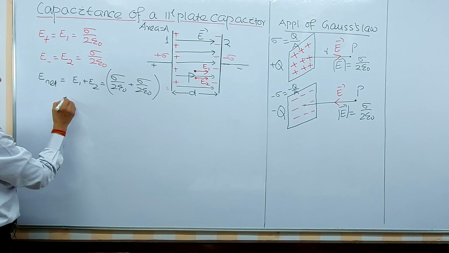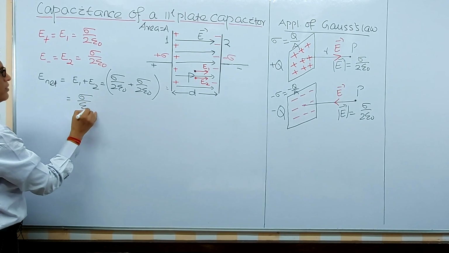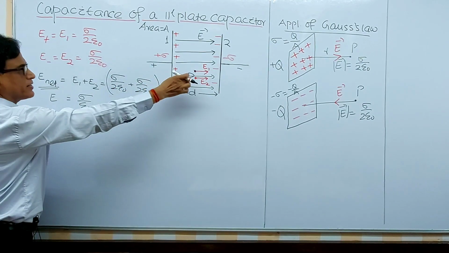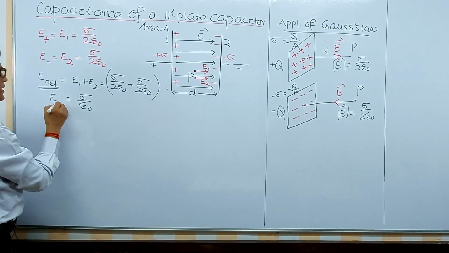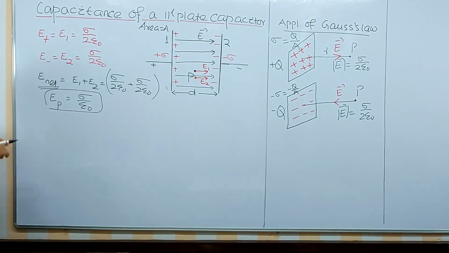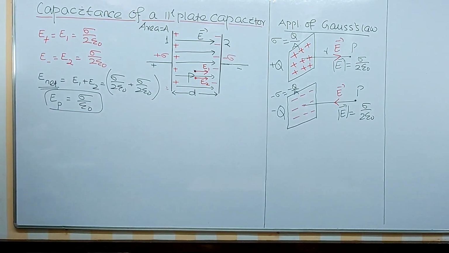Now that becomes sigma by epsilon 0. That is E net, the net electric field at the point P. I think your idea is clear now. This is the electric field at that point.